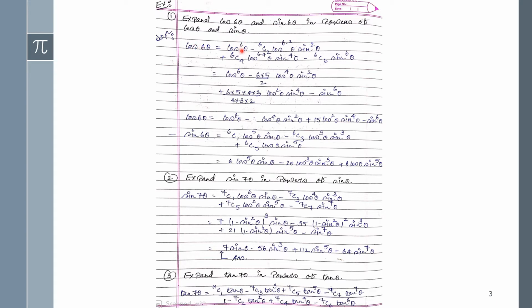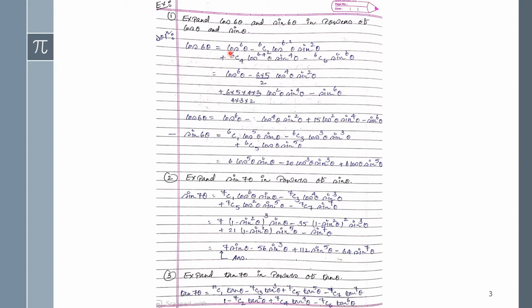So first of all it will be cos n theta, and n here is 6, so that will be cos 6 theta minus; next for even numbers, second comes 6c2, so cos 6 minus 2 theta and sin square theta. Now one by one, for the cos theta the power will decrease, and for the sin it will increase.